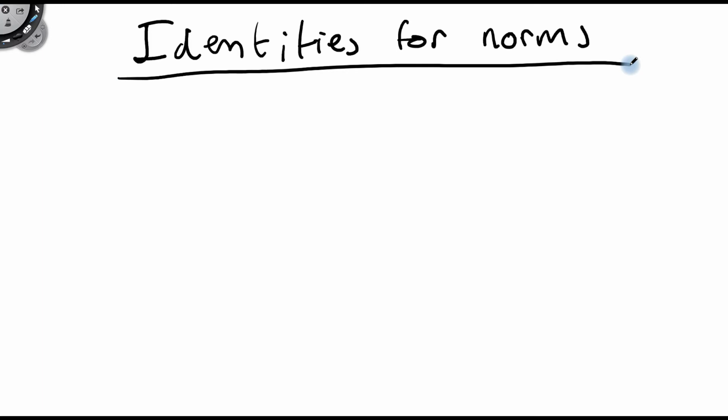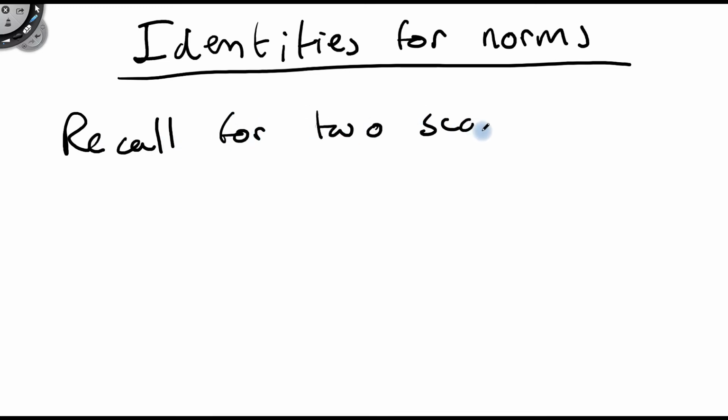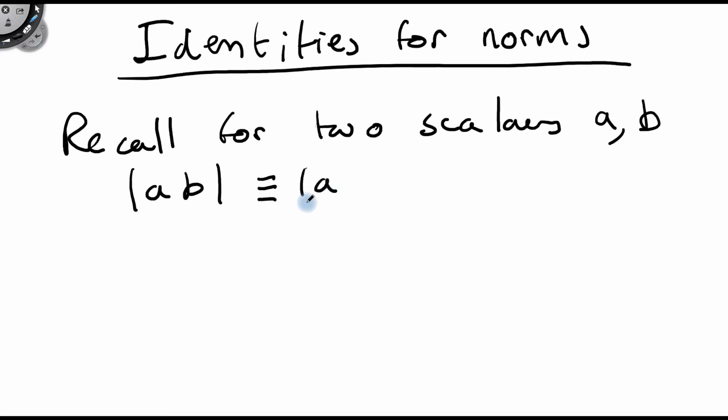We're not going to prove them, but we're going to state them. So recall for 2 scalars a, b, that the modulus of the product is identical to the product of the moduli.